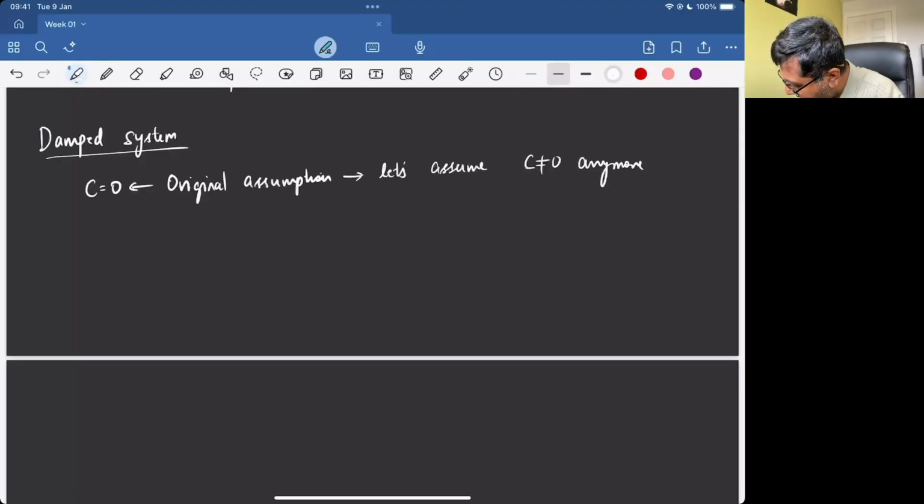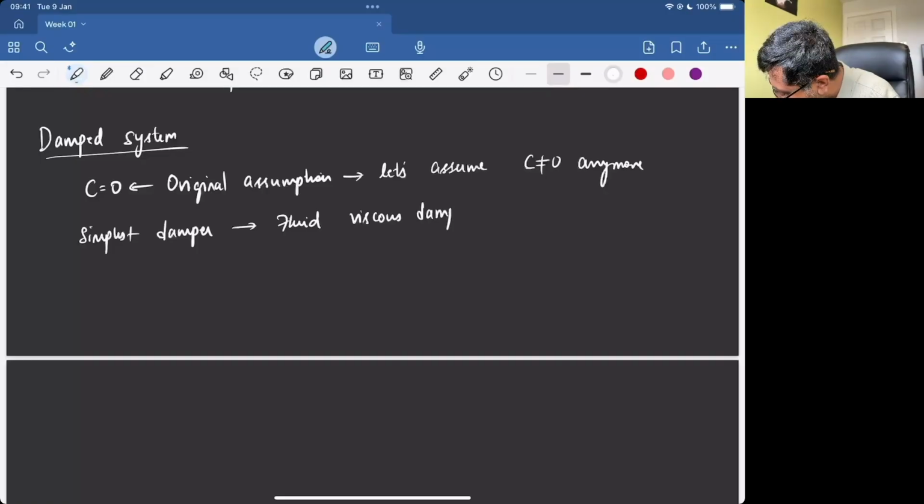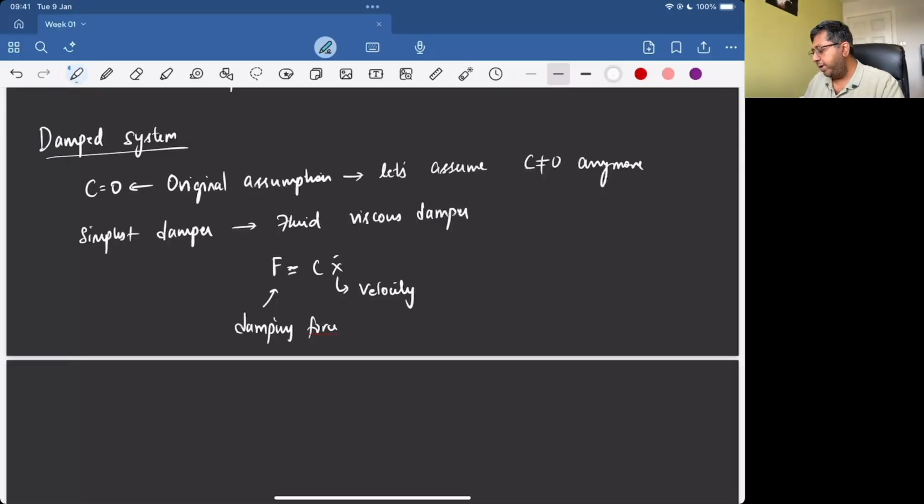The simplest damper is our fluid viscous damper, where we can define a damping force, maybe we call it F D, equal to c into x dot. So it's nothing but proportional to velocity.